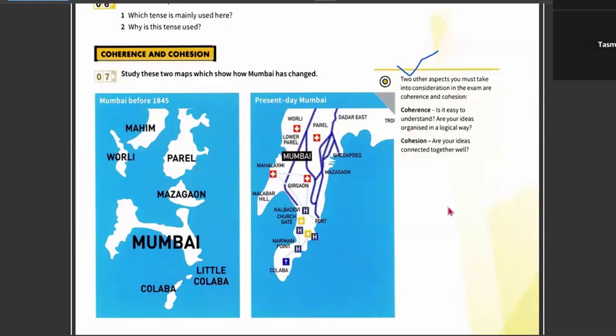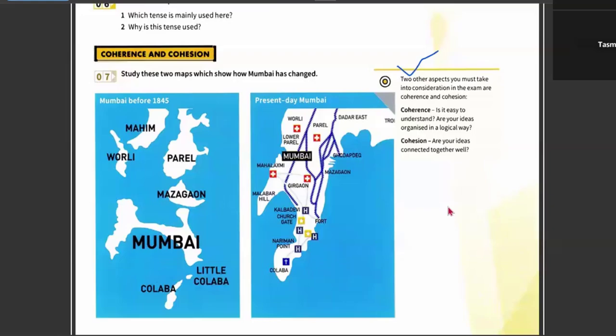That is cohesion. Both are quite similar, but again, both are very different as well. So you have to pay attention to both these points after paying attention to the grammatical errors and the spelling errors. These four points should be kept in mind from the very beginning.